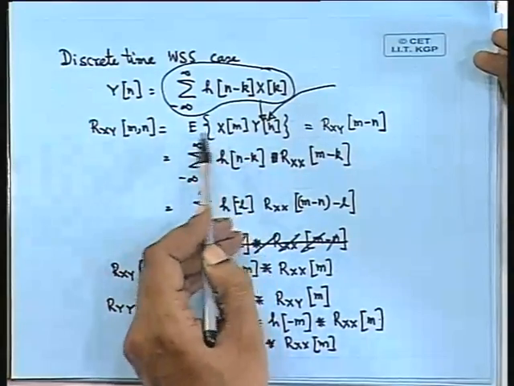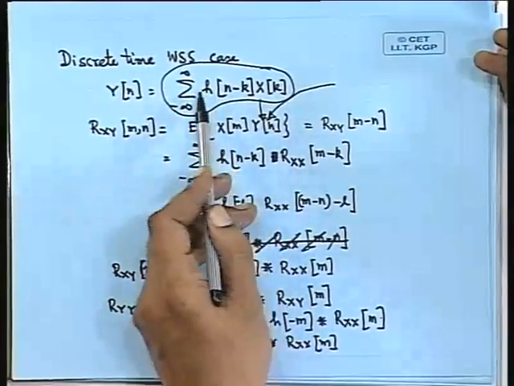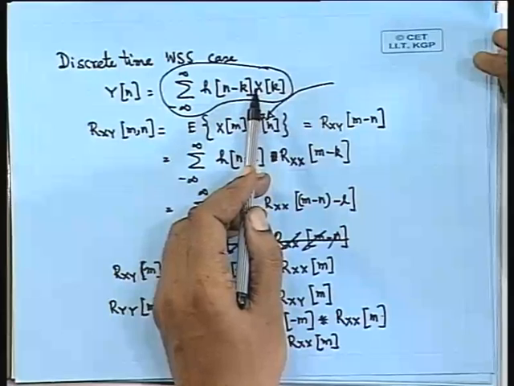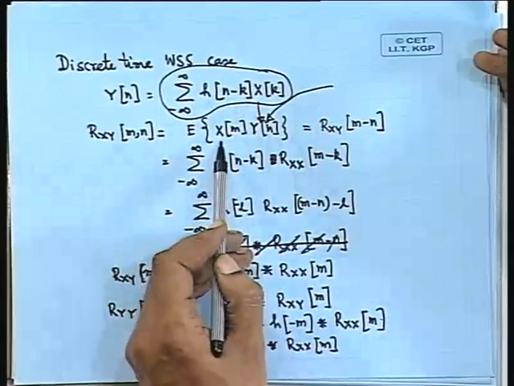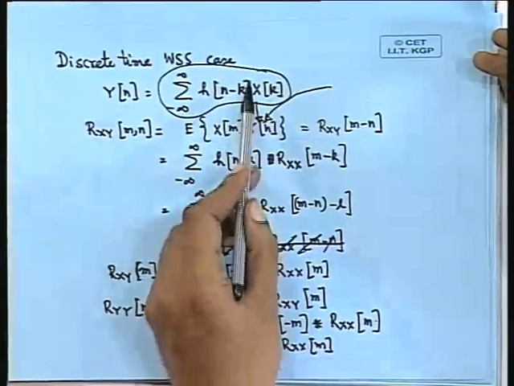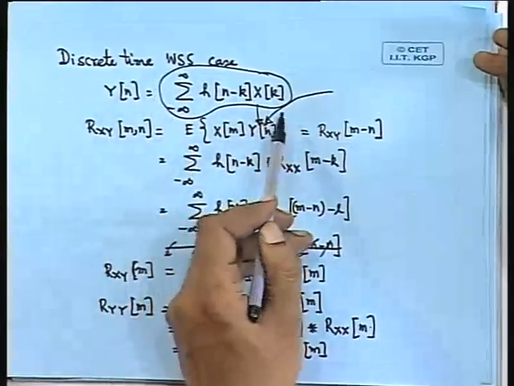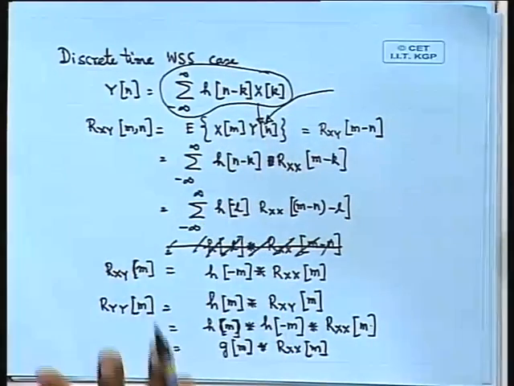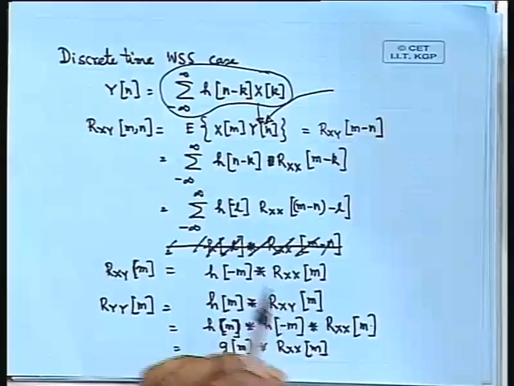So you will get expectation of xm into this. People are feeling sleepy. So you put xm into, in place of yn you can put this, and then you can bring the expectation inside. That is a reasonably simple thing if you try.